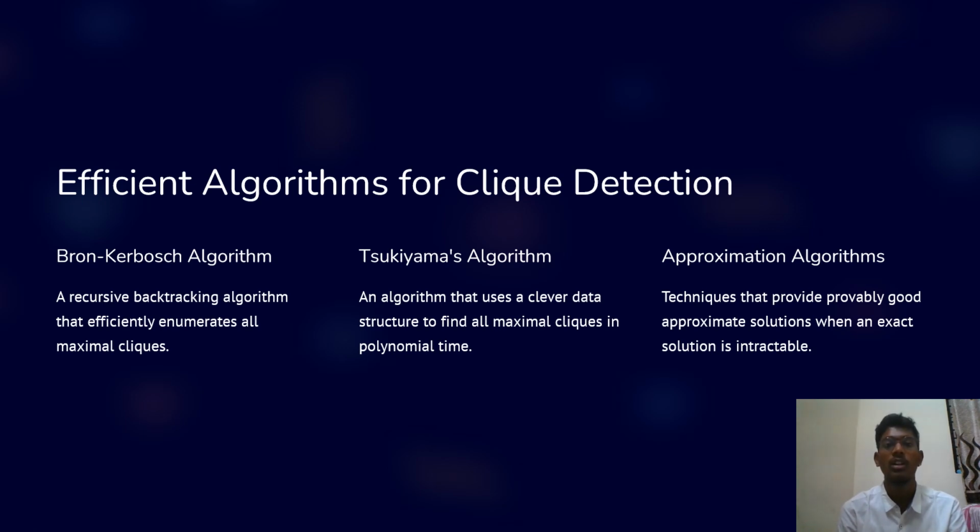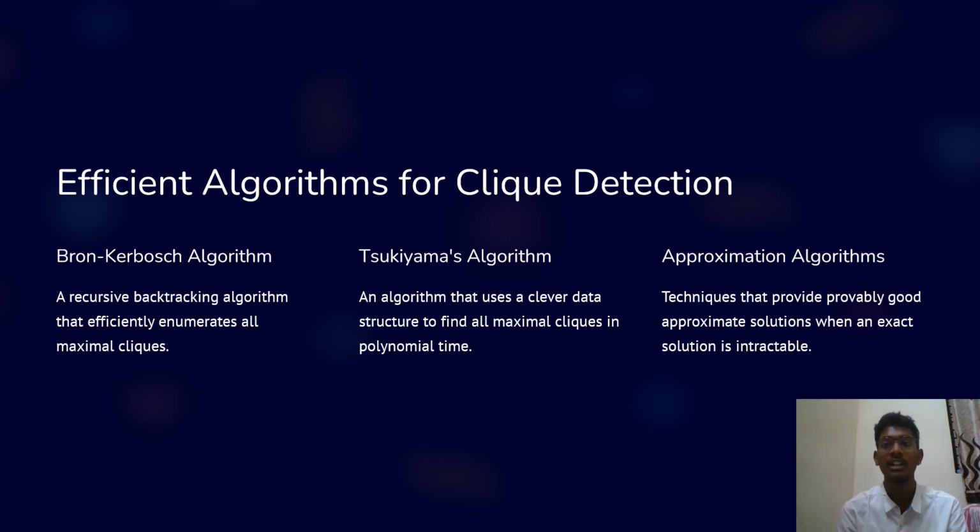Tsukiyama's algorithm is an algorithm that uses a clever data structure to find all maximal cliques in polynomial time.